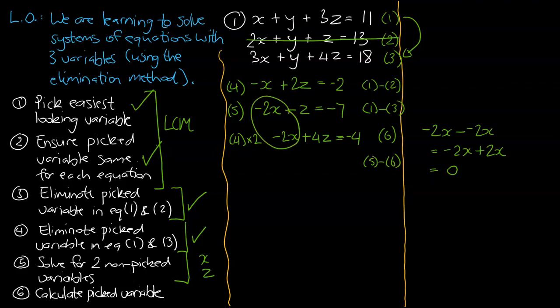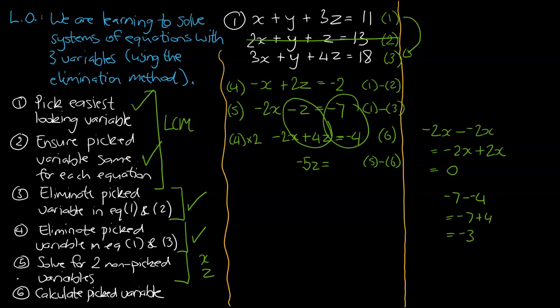So we're now going to have negative z minus 4z, and that's going to be negative 5z. And after that, we're going to have negative 7 minus negative 4, which is going to be the same as negative 7 plus 4, which will be negative 3.